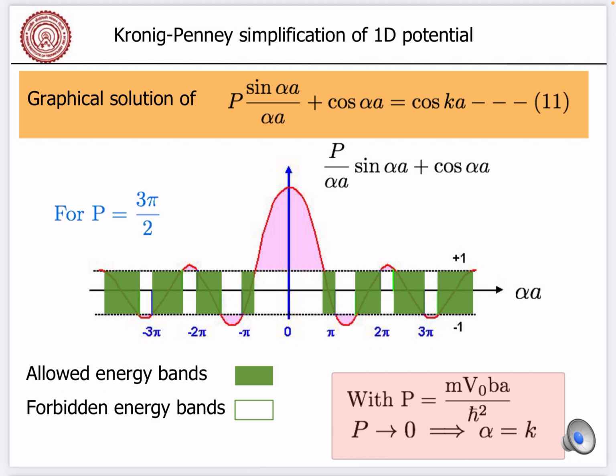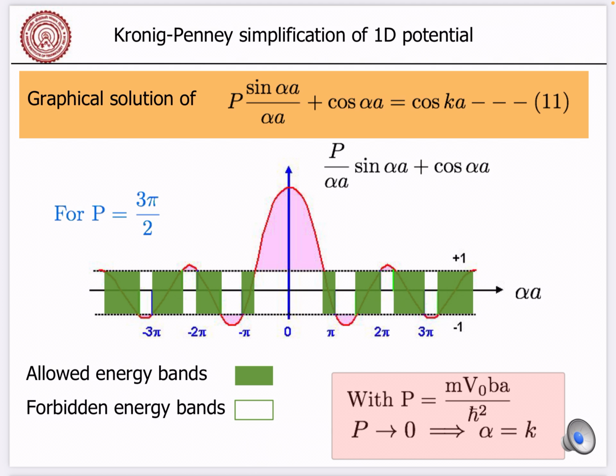This curve crosses the -1 line on the right at pi, and similarly +1 at alpha A equal to 2 pi, again -1 for alpha A equal to 3 pi, and so on, similarly on the left hand side also.